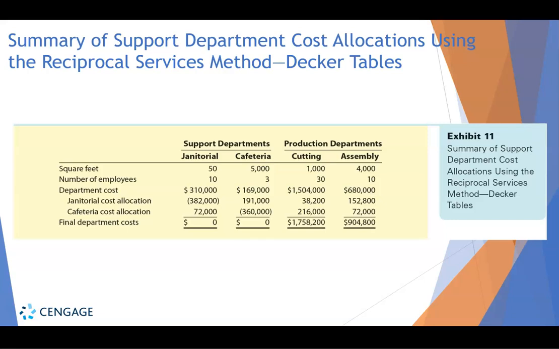Because the reciprocal services method accounts for all inter-support department services, the allocations of the 1,758,200 for the cutting department and the 904,800 for the assembly department yield more accurate support department allocations than if we used either the direct method or the sequential method.